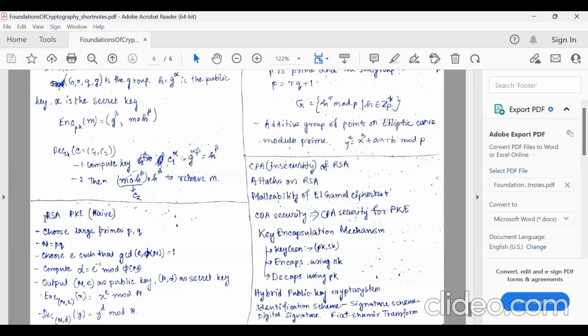Encapsulation makes use of the public key PK.